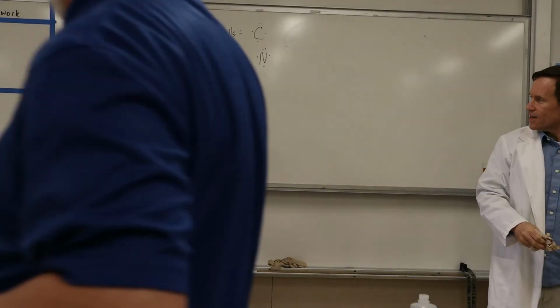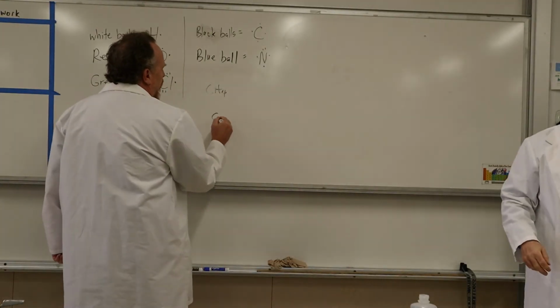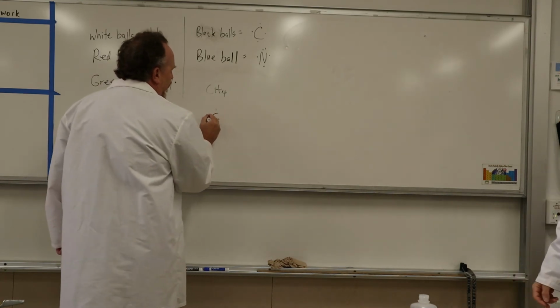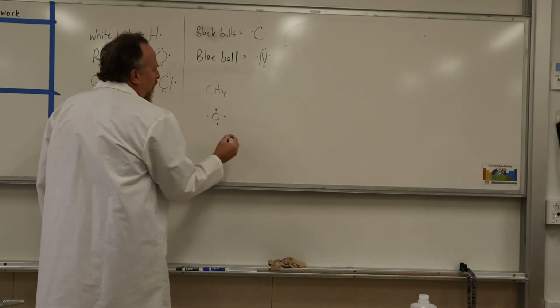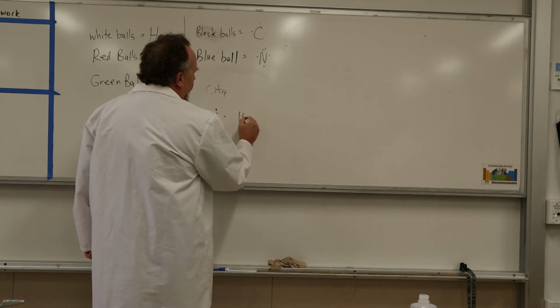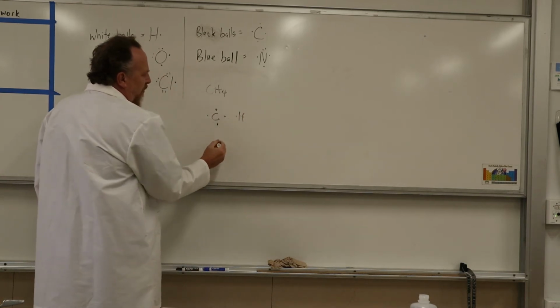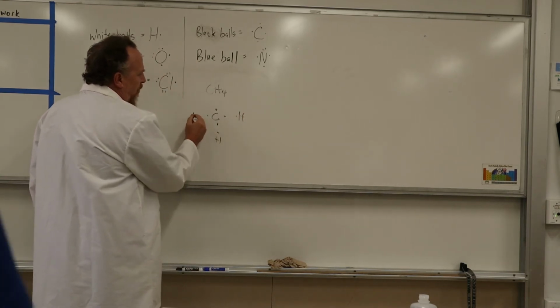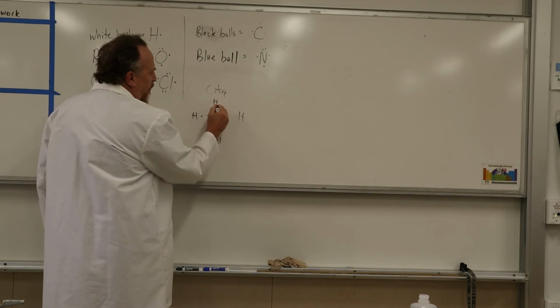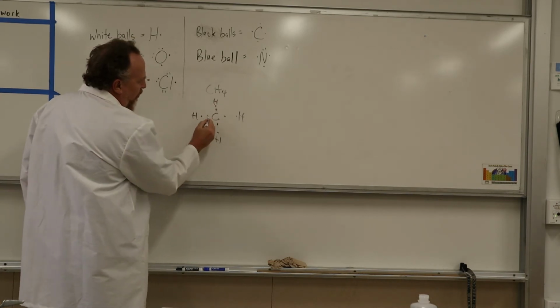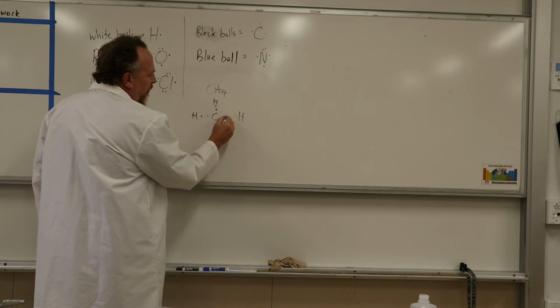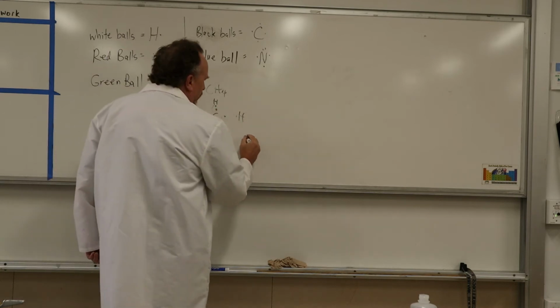CH4. So we got one C and it has 4 valence electrons. We have 4 H's and each of them has 1. So you can see how these guys would all end up sharing or fighting over these electrons here.